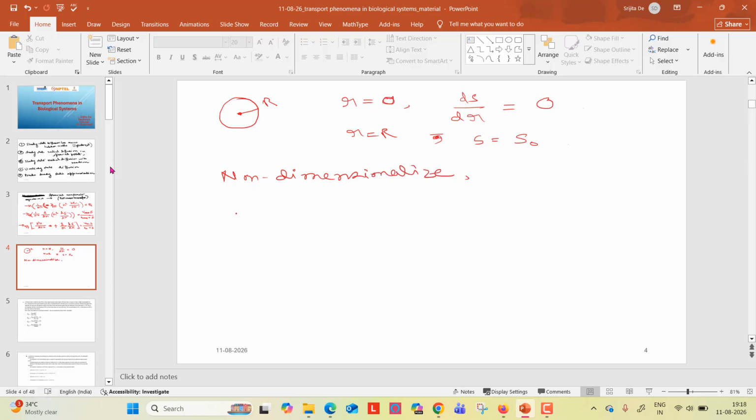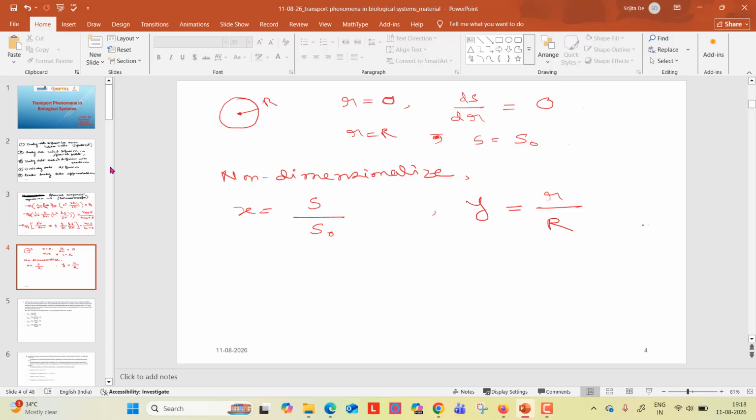We'll take x as the ratio S by S0, the substrate concentrations, and we'll take y as the ratio of radius, r by capital R. How we non-dimensionalize will change with the problem.